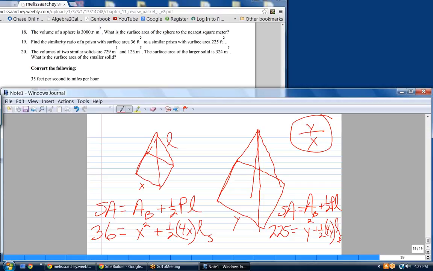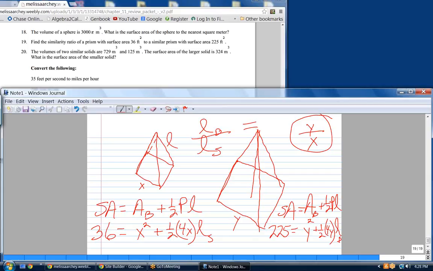And we know that big L divided by little l is the same thing as y divided by x. I'm thinking here for a moment.